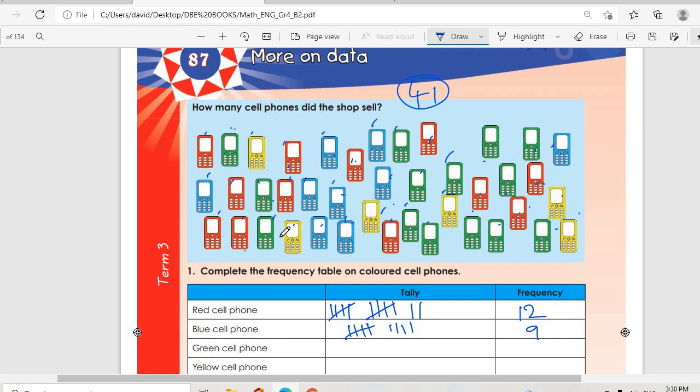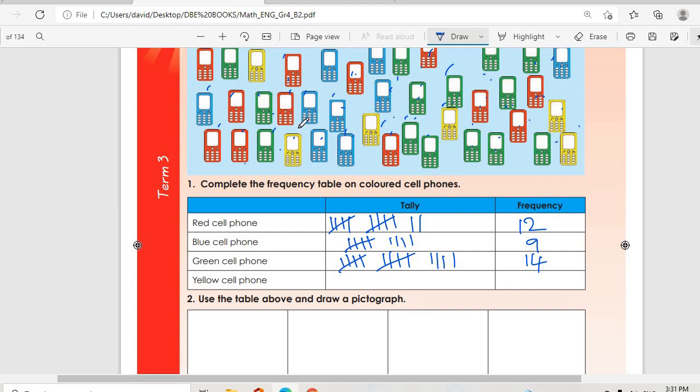Green cell phones: we have 14, so 1, 2, 3, 4, 1, 2, 3, 4, then 1, 2, 3, 4. Then the yellow ones, 1 to 6: 1, 2, 3, 4, then plus 1, and we get 6. If we add 14 plus 6 is 20, 32, then 41.